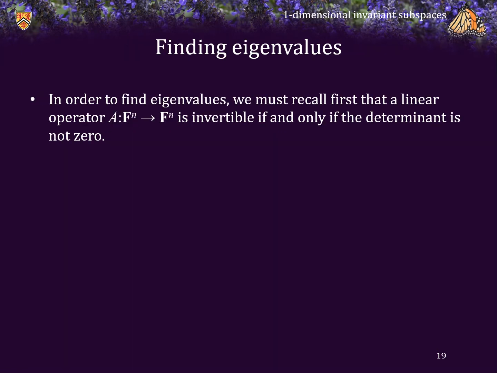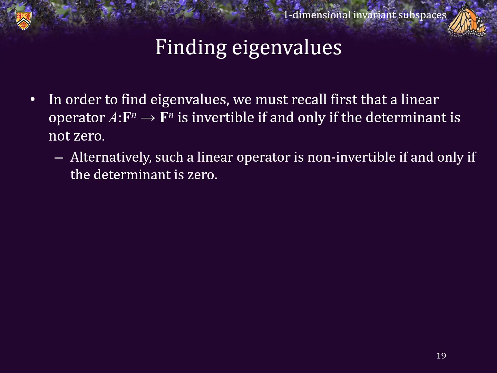Our next goal will be to find eigenvalues of a matrix. So, in order to find the eigenvalues of a matrix, we must first recall that a linear operator A mapping F to the n to F to the n is invertible if and only if the determinant is non-zero. Conversely, this is equivalent to saying a linear operator is non-invertible if and only if the determinant is 0.